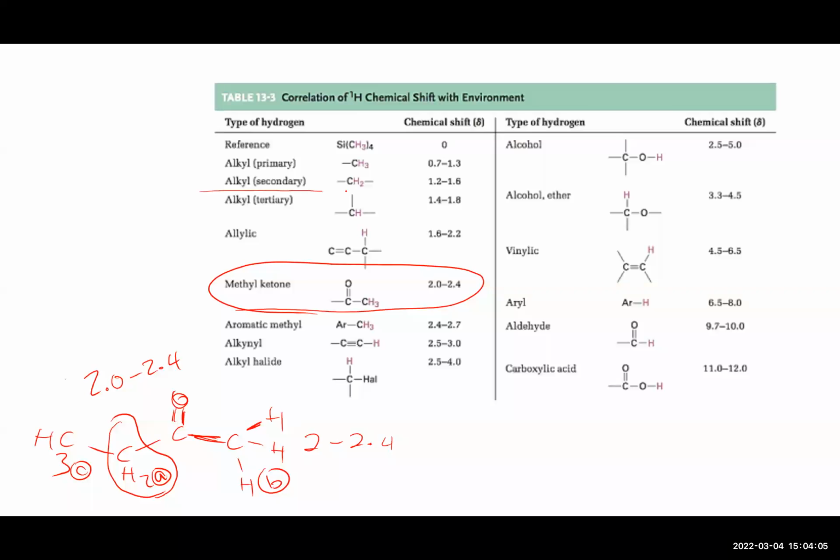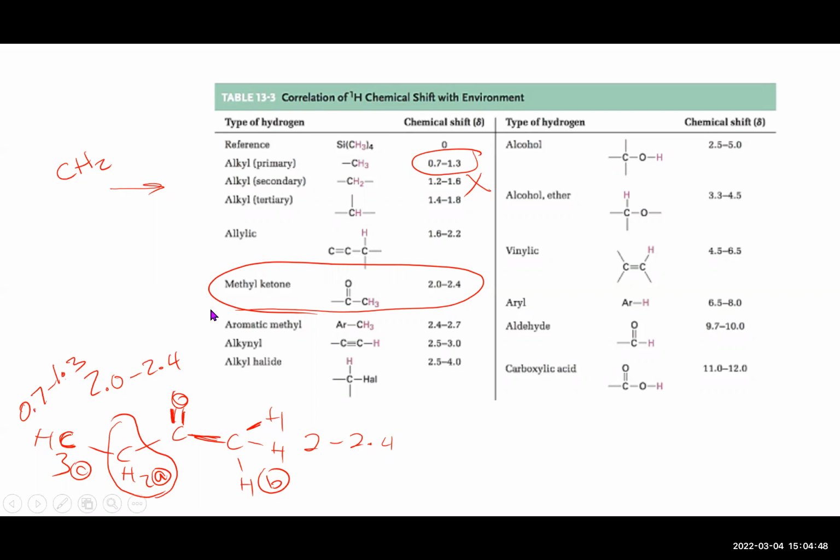Now there is a CH2 here on the table, but I'm not going to use that range because this is really for a CH2 that is not deshielded by any electronegative atoms, so that of an alkane or a CH2 that's more than 3 bonds away from an electronegative atom. So both of these hydrogens should be about the same chemical shift. And then this CH3, which is pretty far away from the carbonyl oxygen, should be close to 0.7 to 1.3. So it's more like the methyl at the end of an alkane.